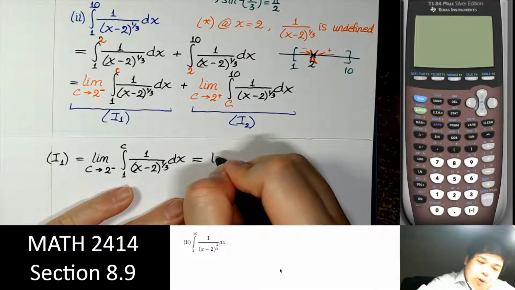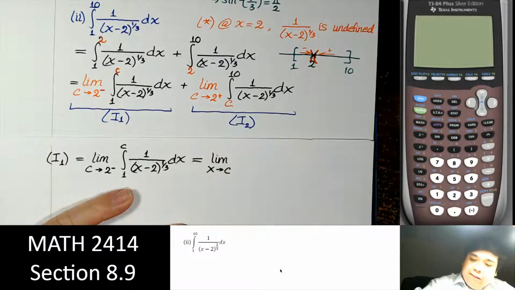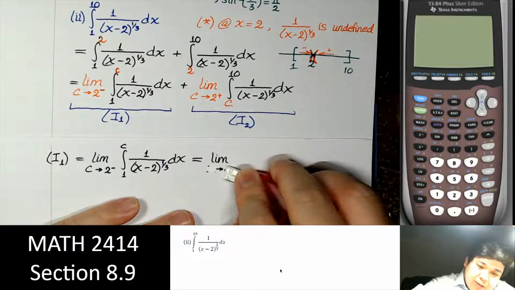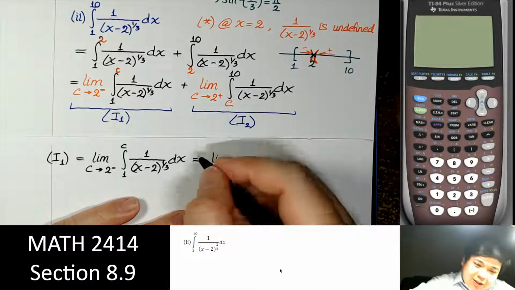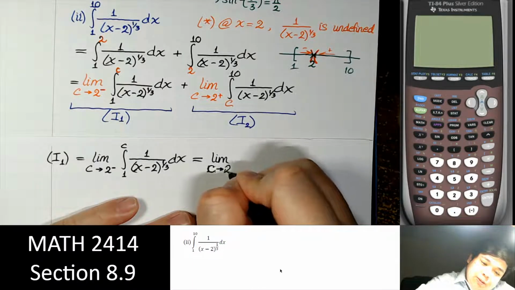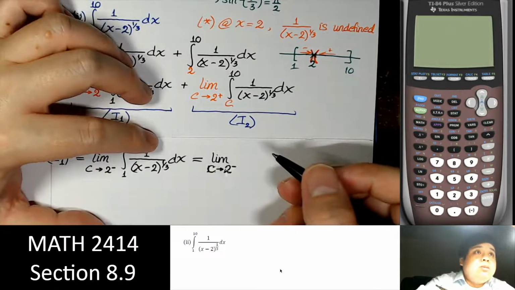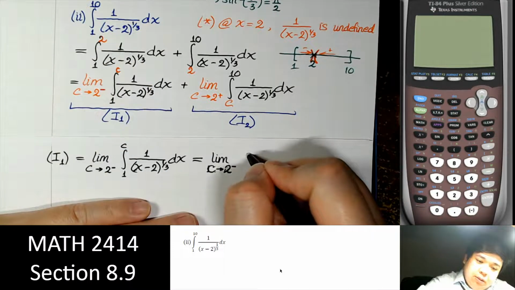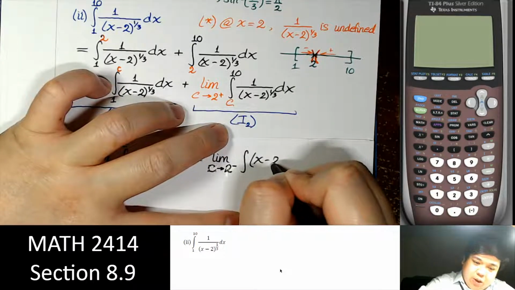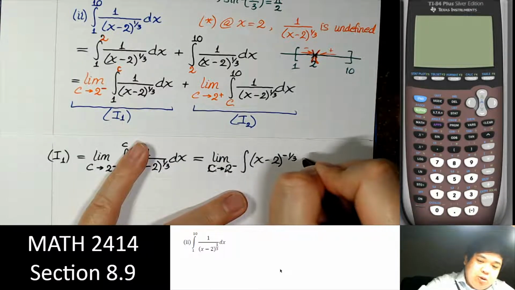It's just the simple power rule. So I will write x minus 2 to the negative 1/3.